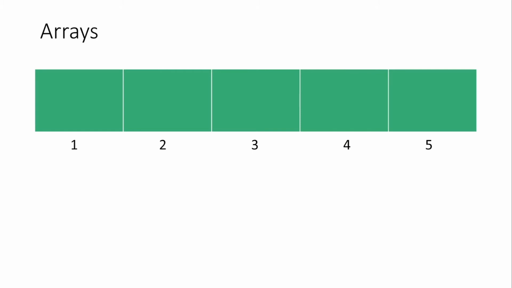So, an array is a little bit like a bookshelf. You can have one book here, a second book here, third book here, fourth book here, and a fifth book. Except, as I said earlier, they're not 1, 2, 3, 4, 5, and so on.